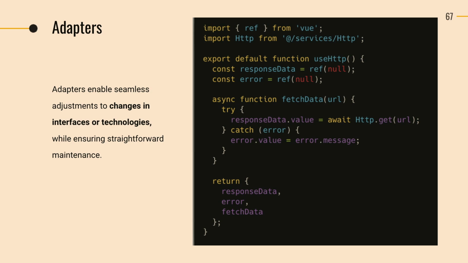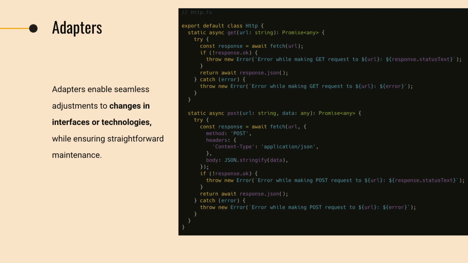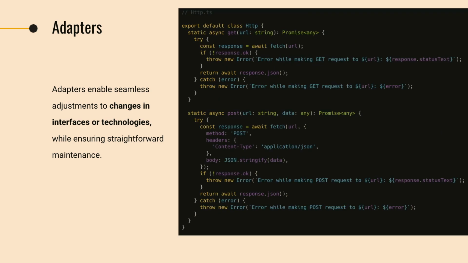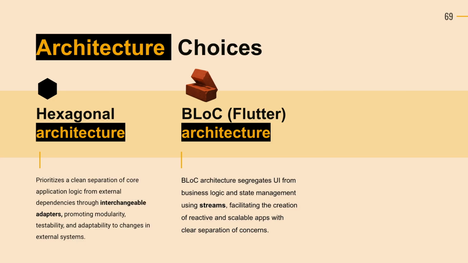We use this class that we've written. By doing that, we can easily go back to our adapter and replace and remove Axios and then do just a pure fetch implementation. And we don't have to change anything in our Vue or our React app, because this adapter is encapsulating the third-party logic.